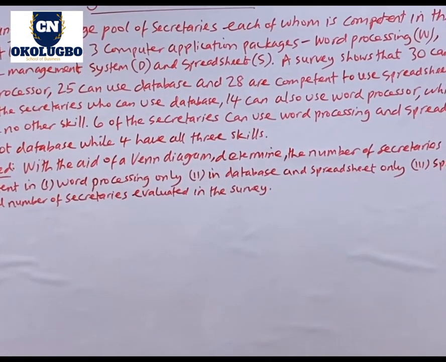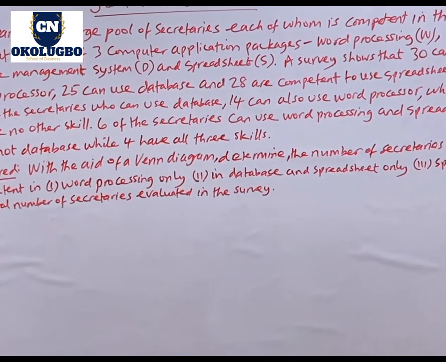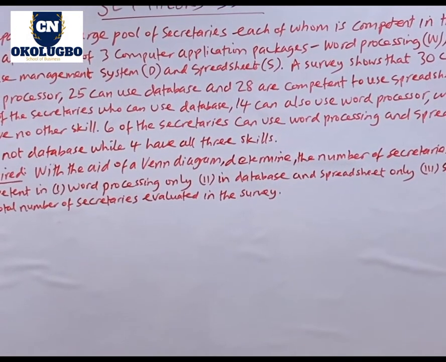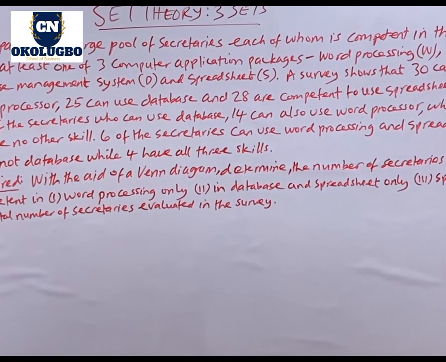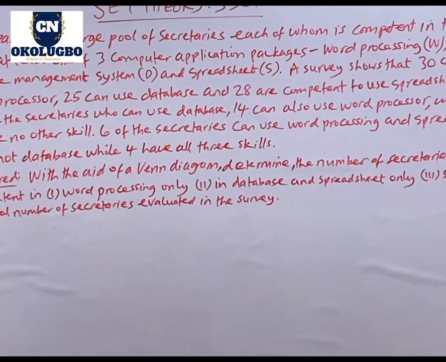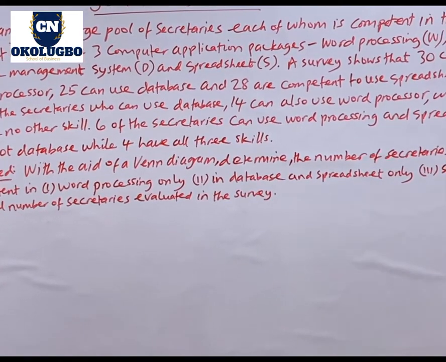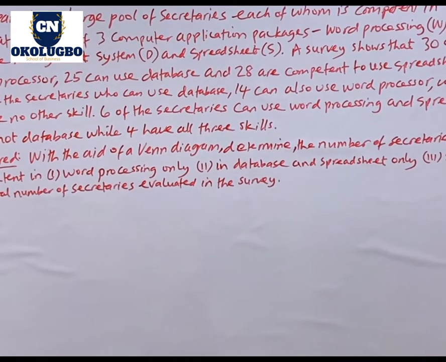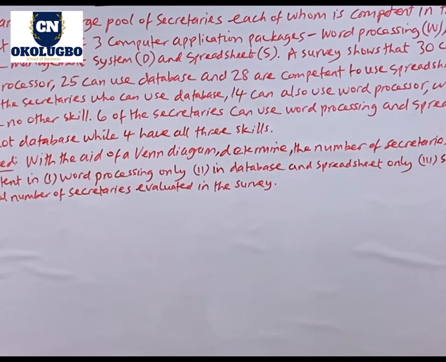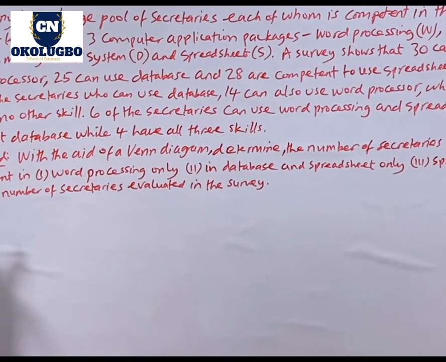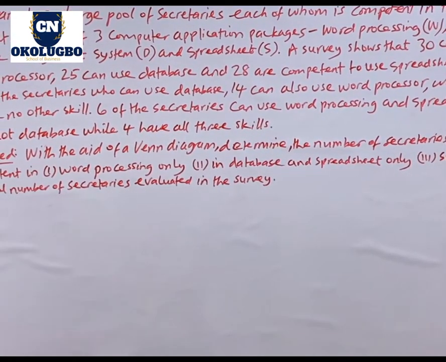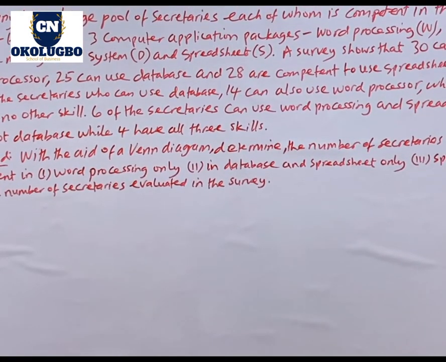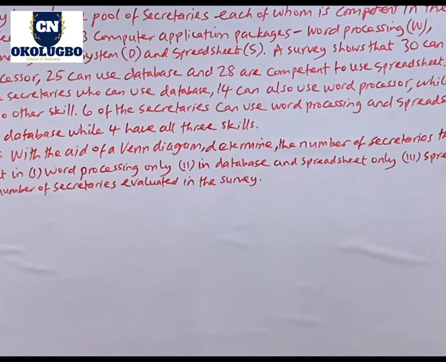Out of the secretaries who can use database, 14 can also use word processor, while 6 have no other skill. 6 of the secretaries can use word processor and spreadsheets, but not database, while 4 have all 3 skills. The questions ask us to find and fill up the gaps that are supposed to be there in the set.